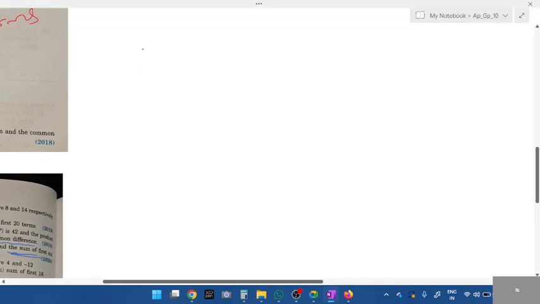Now tell me the formula. What is AP formula first? T of n is equals to, respond, A plus, check, open your notes and check what's the formula.